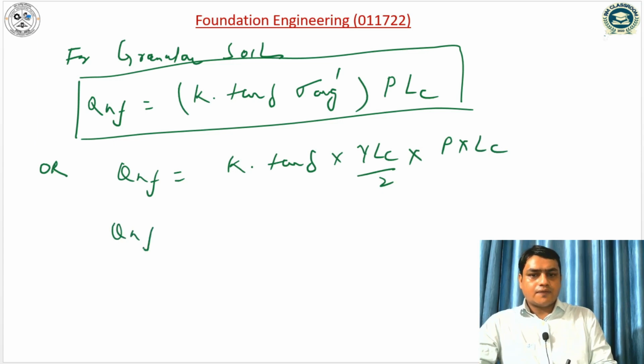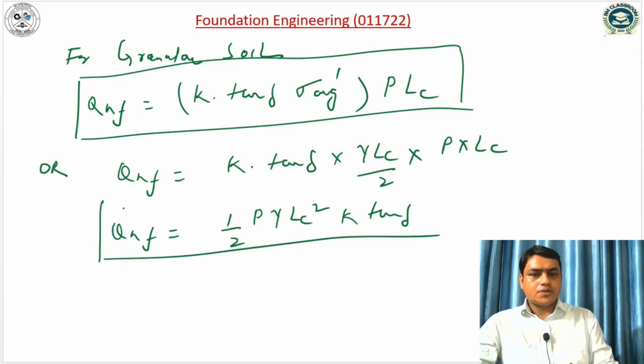So the QNF can be written as 1 by 2 into P into gamma into LC square into K tan delta.